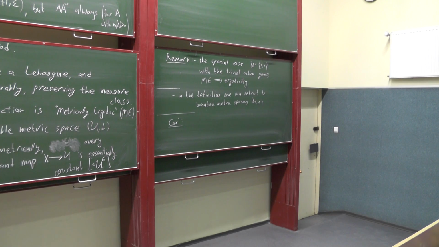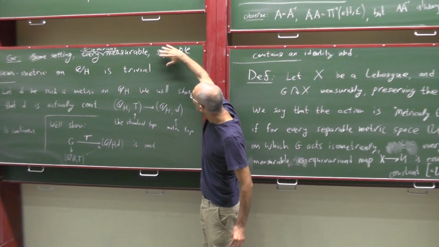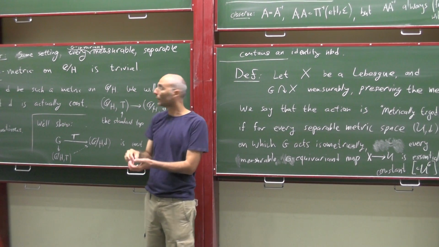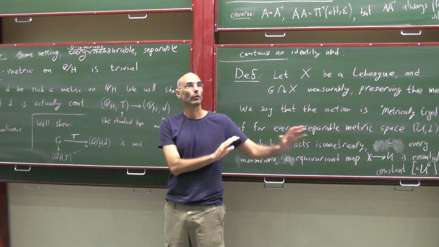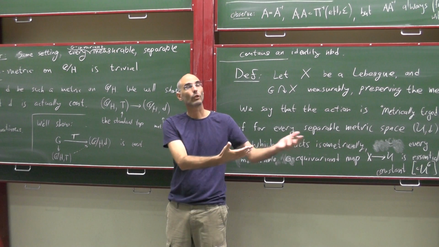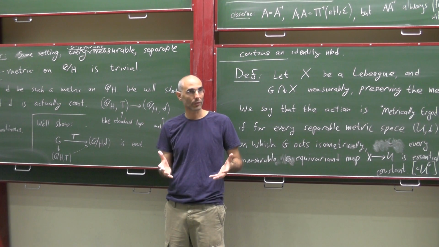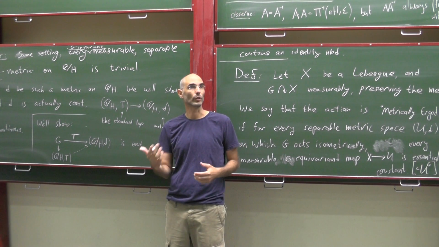I could have not written this probability, but then I would have to assume another sort of measurability on the metric. Not just that the metric D from G mod H times G mod H to R is measurable, but actually that the measurable structure that it gives on G mod H is the same measurable structure as the original one.